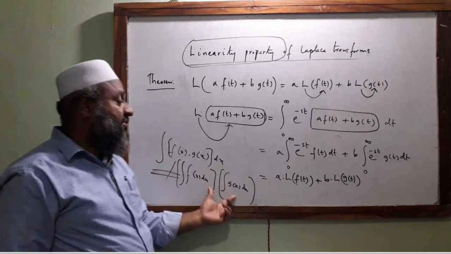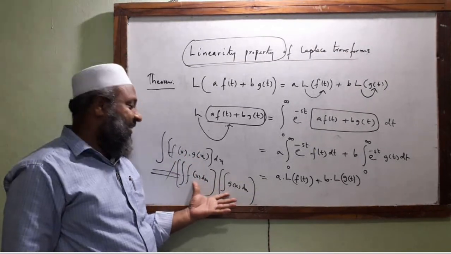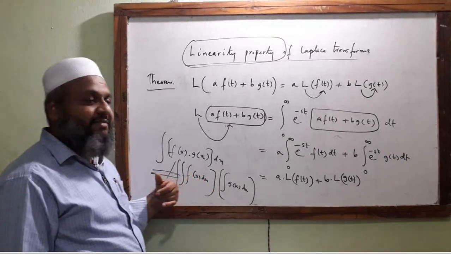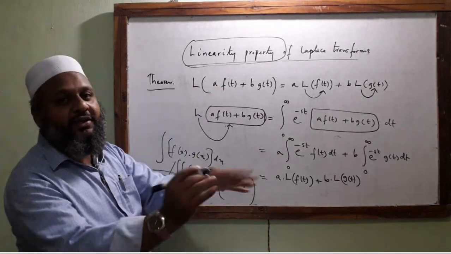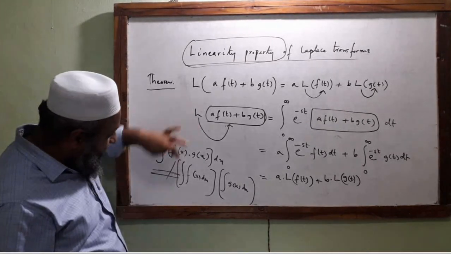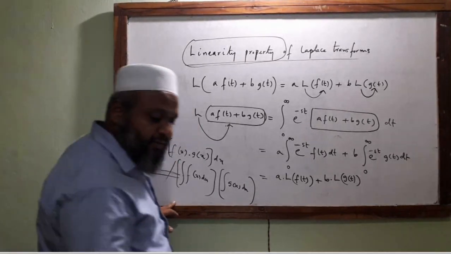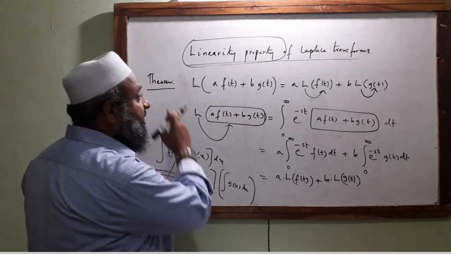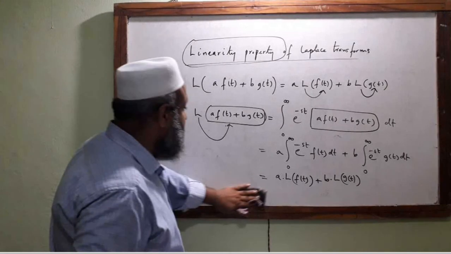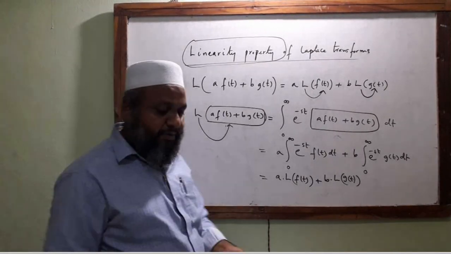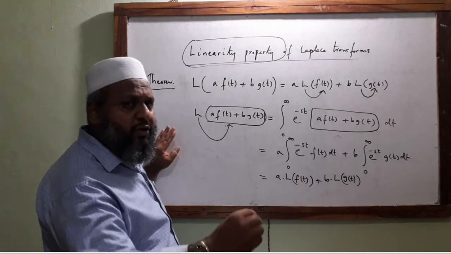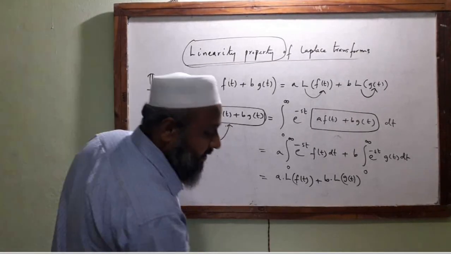This much simple separation is not possible. Because this does not work for the integration of a product of two functions, similarly the product does not satisfy that property. So this is a simple, very important, very fundamental property, the linearity property. We will do one or two problems upon this, and then we will end the matter.